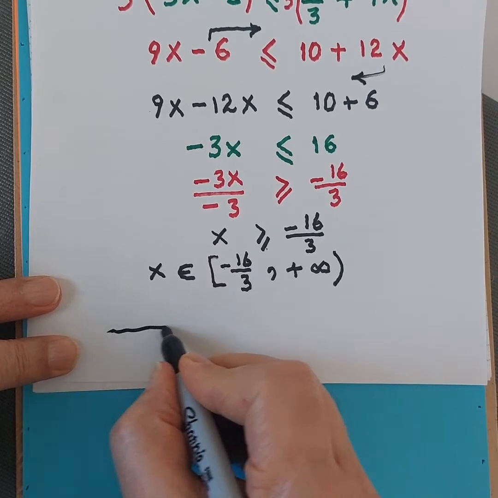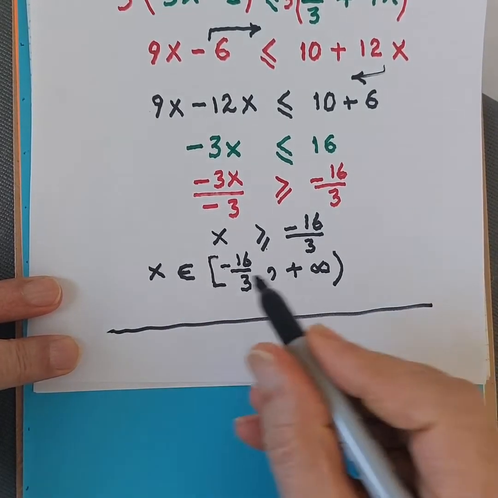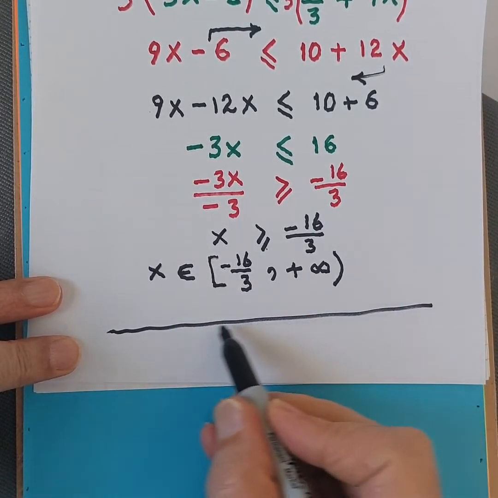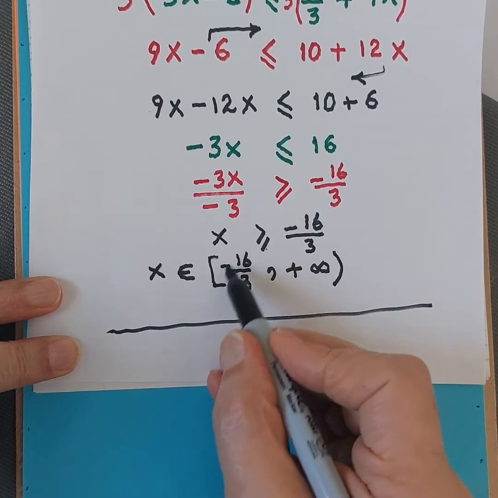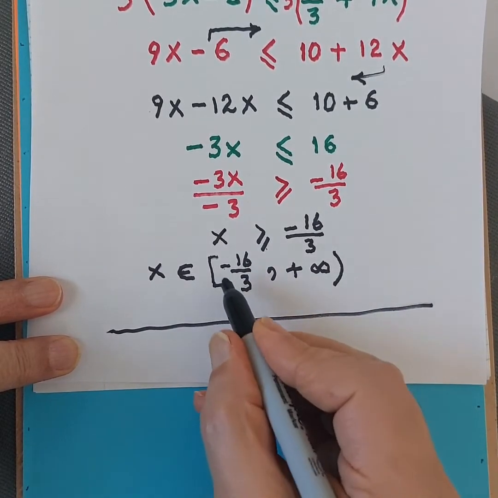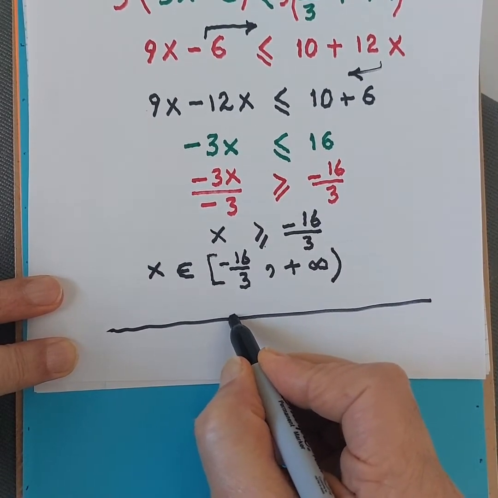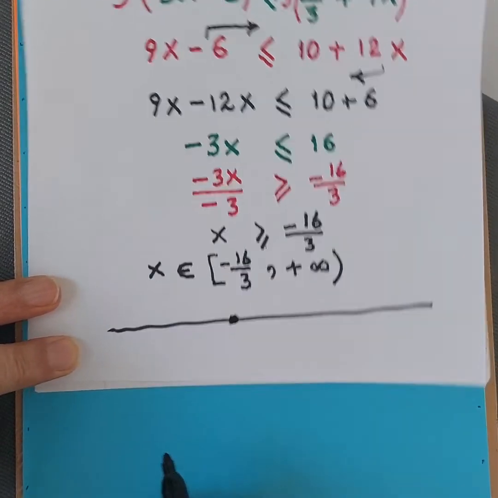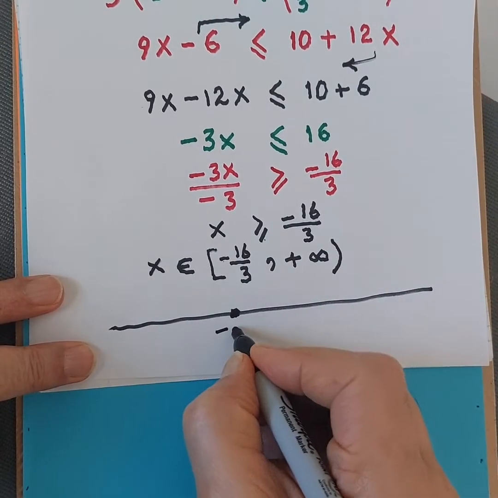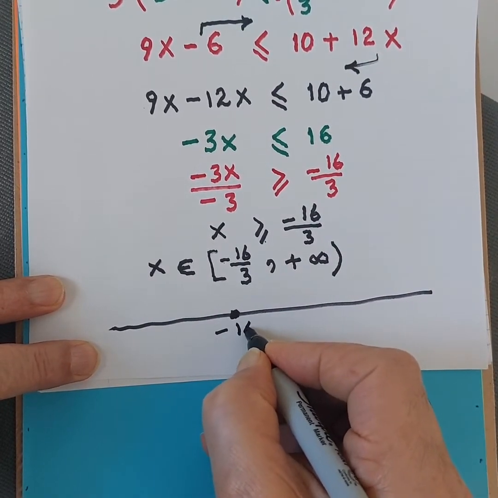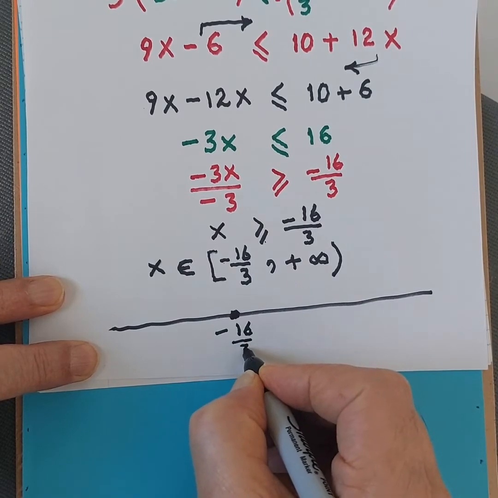And we will represent that on the real number line again. This is the real number line. Consider any point on the line as representing this number. As it is closed here, we will make the circle closed here. And write negative 16 over 3 at this point.